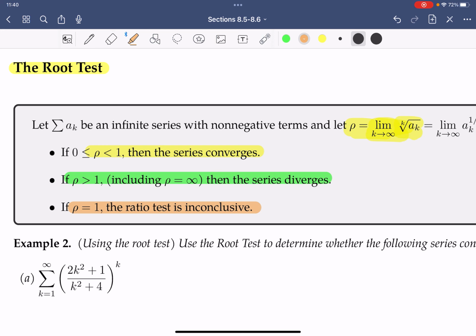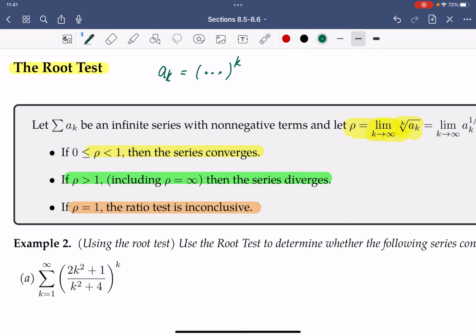Similar to the ratio test, you have the same conclusion. Rho bigger than 1, divergent. Rho less than 1, convergent. Rho equal to 1, no conclusion. When do you use the root test? Of course, when you see a term a_k equal to something to the k.